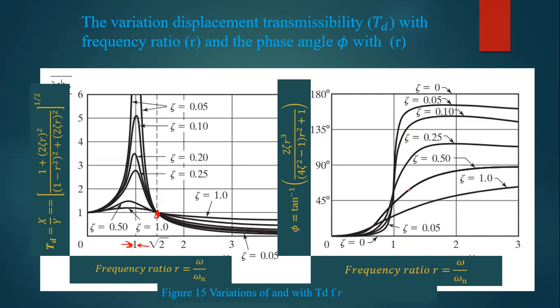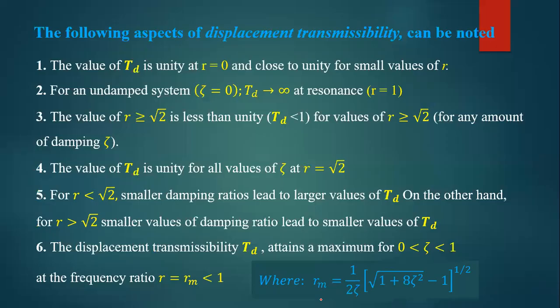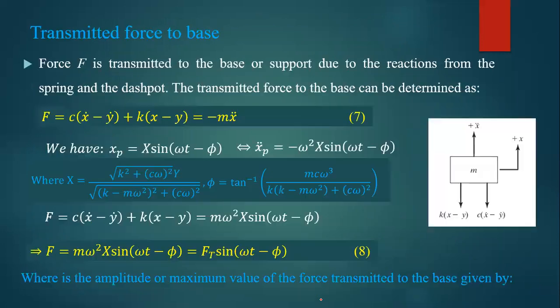These are the damping values. So this shows the variation of TD and r in relation to damping. This discusses the transmissibility, the frequency ratio, and how they are related. Someone can read this slide. I don't want to read the slide one by one, so I invite you to read it.